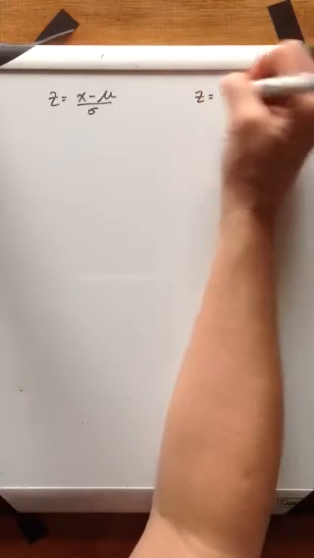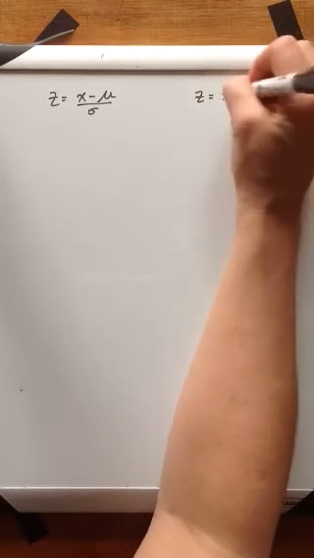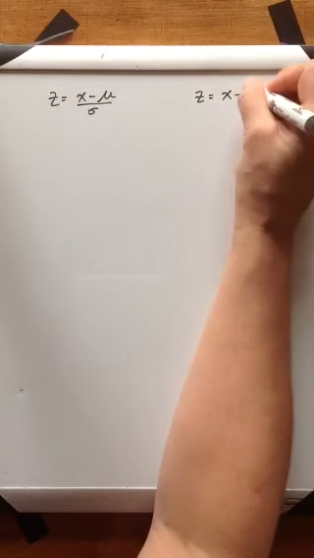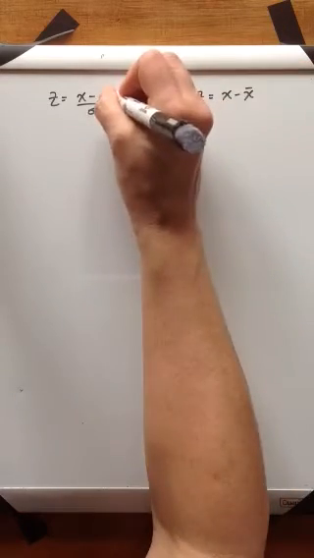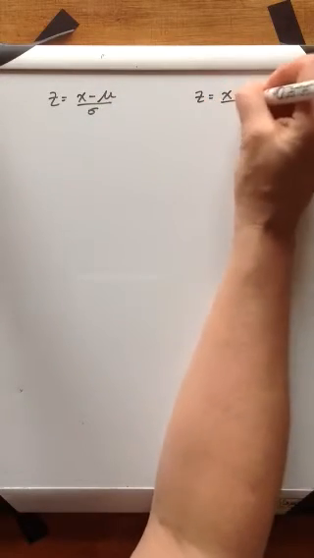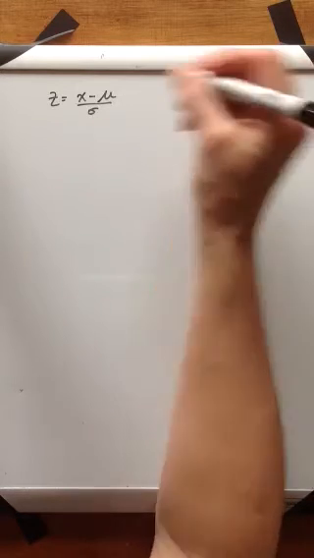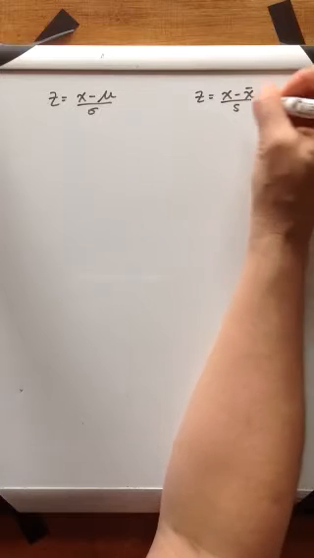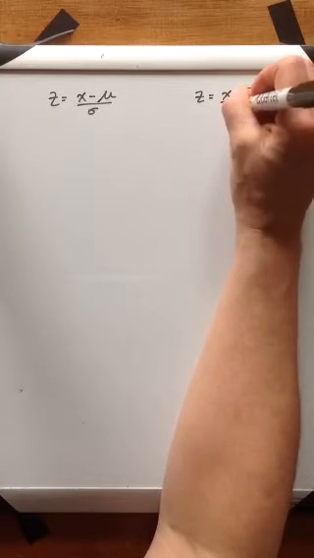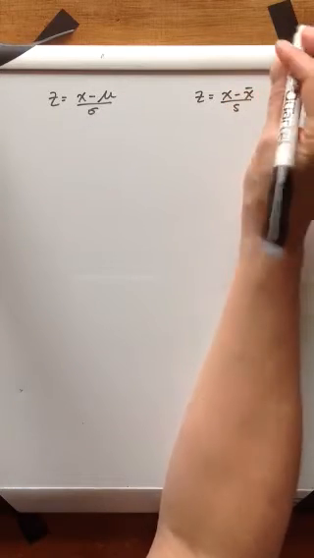It still says z equals. We still have the value of the data point, but we express the mean this way when we're looking at a sample as opposed to this way when we're looking at a population, and divided by s here. Sorry, not the number of data points, the standard deviation for the sample, my bad.